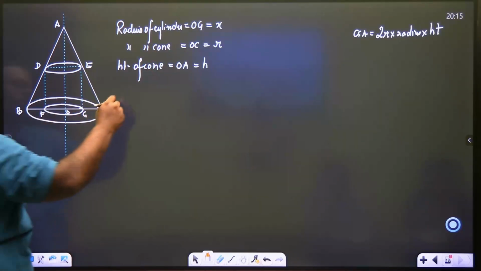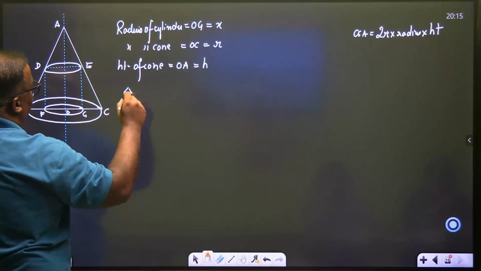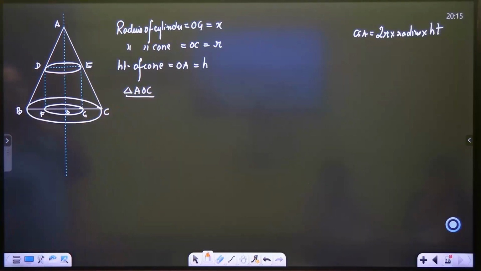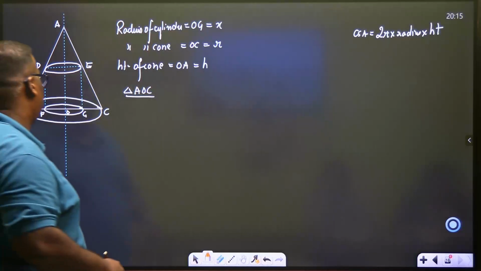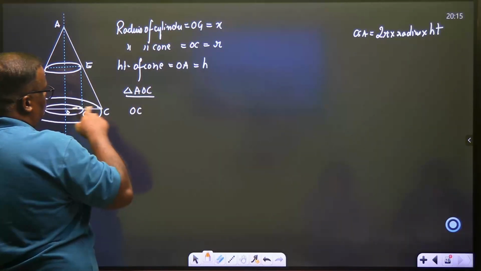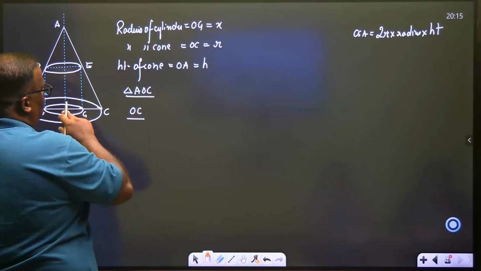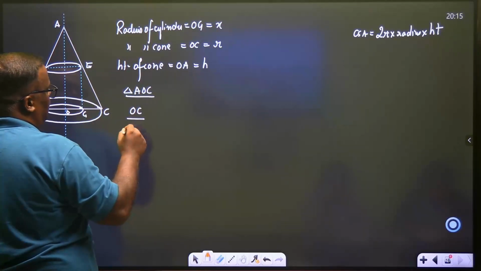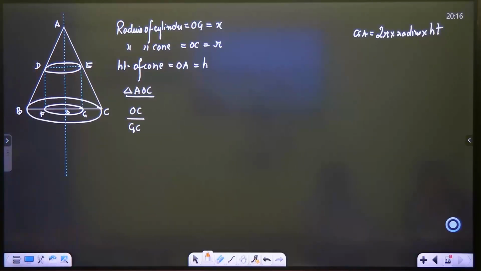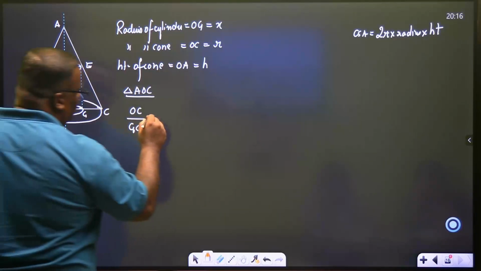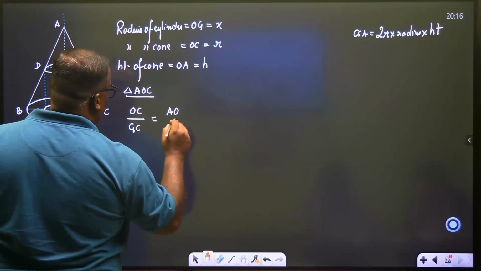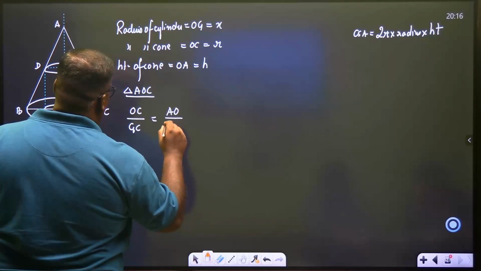So if you look at the triangle, let's look at triangle AOC, and let's put some similarity concepts. So if you look at the bigger triangle, then what do we write? We can write OC divided by GC should be equal to AO divided by EG.